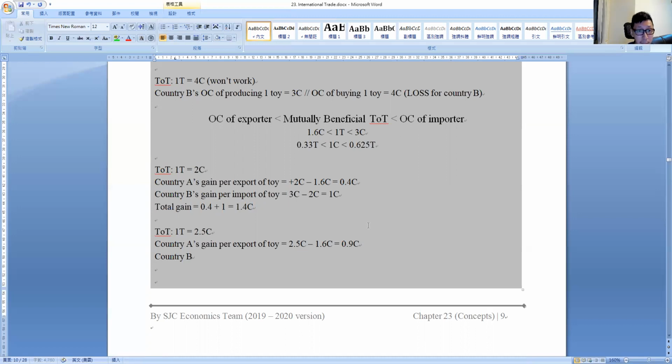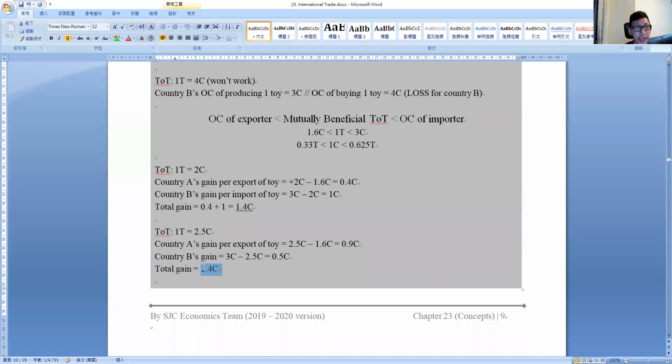Now, country B's gain would be 3C minus 2.5C, and that would give us 0.5C. What happens to total gain? It doesn't change. Do you see here?